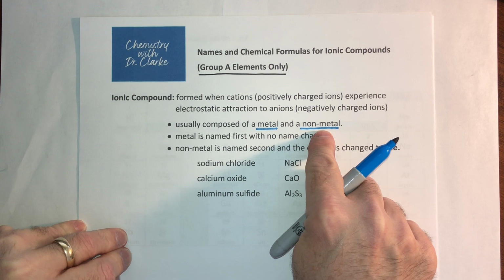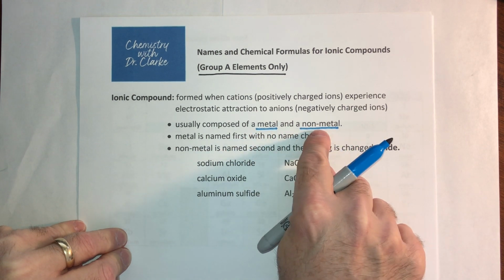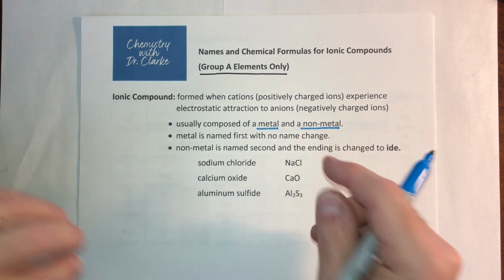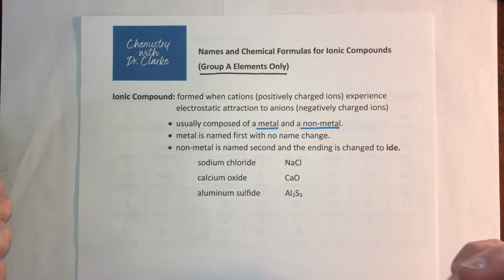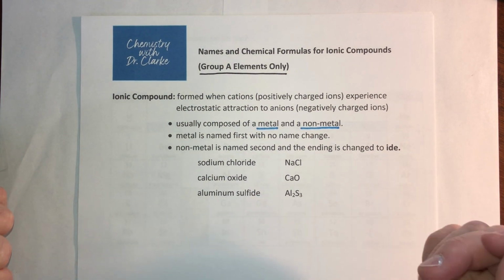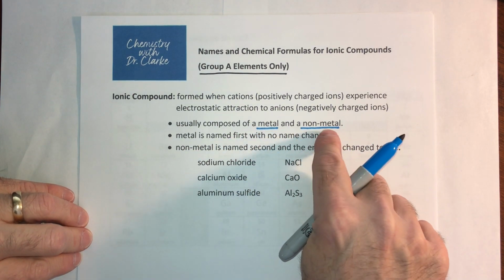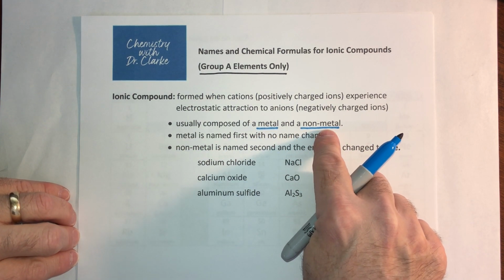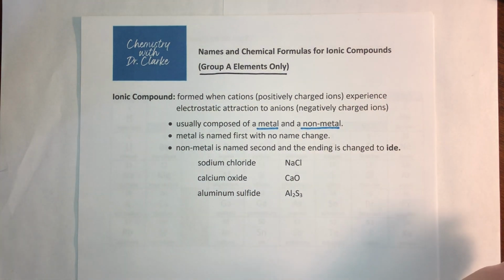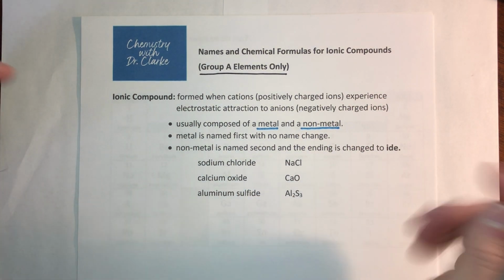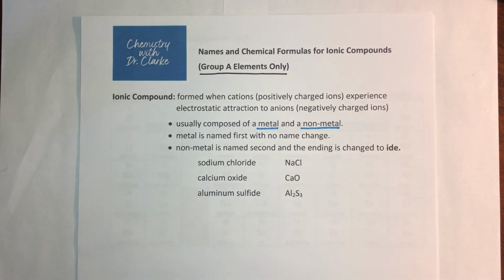Or in an extreme case, you could have polyatomic plus polyatomic. But we'll talk about the polyatomics in a separate video. For this particular one, an ionic compound will always be a metal plus a nonmetal. That's how you distinguish it. That's how when you're looking at a list of these things, you identify, hey, this is ionic, and so I have to use the ionic rules.